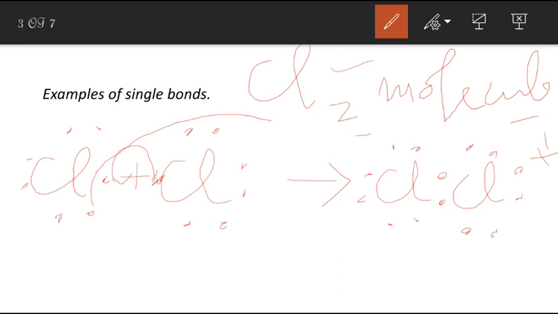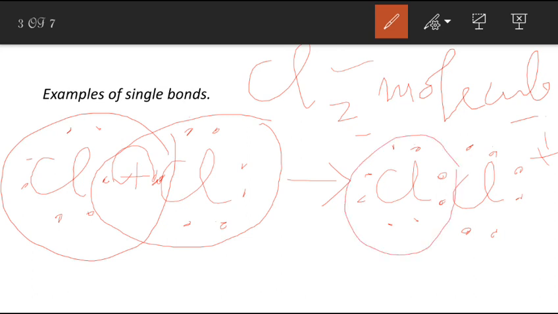You can write it either in this way or in this way. Now these are the two electrons. In a covalent bond, each atom contributes an equal number of electrons. So this chlorine atom contributed this electron, as well as this chlorine atom contributed 1 electron. So I will write it in this way. Here both the atoms contributed 1 electron.